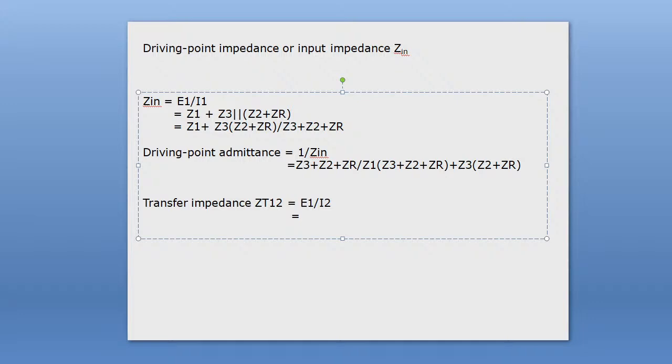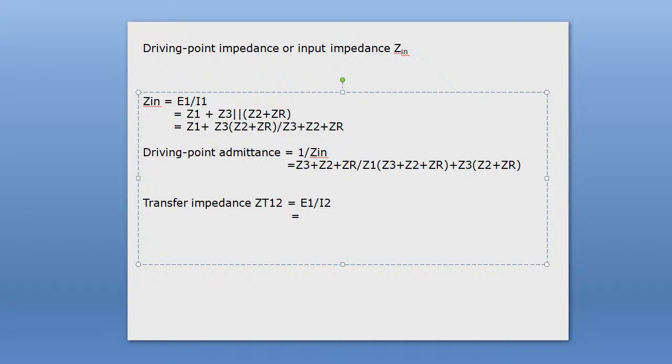You write the expression of total voltage drop across mesh 1 and across mesh 2. To derive the expression of transfer impedance, we need to derive the mesh equation for two meshes corresponding to loop 1 and loop 2, or for current I1 and I2.